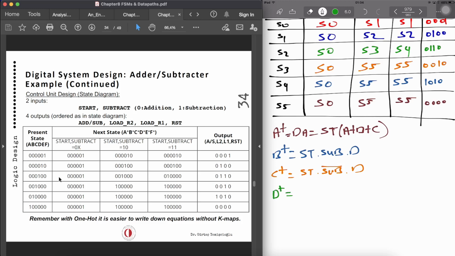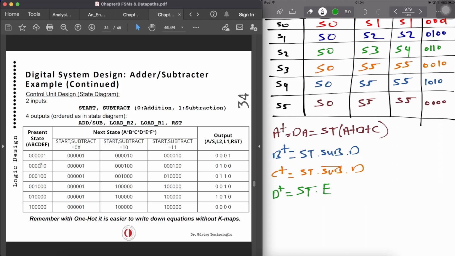Now we are looking at 0, 0, 0, 1, 0, 0. That is here on those two rows, where start, subtract is changing, and E is activated.